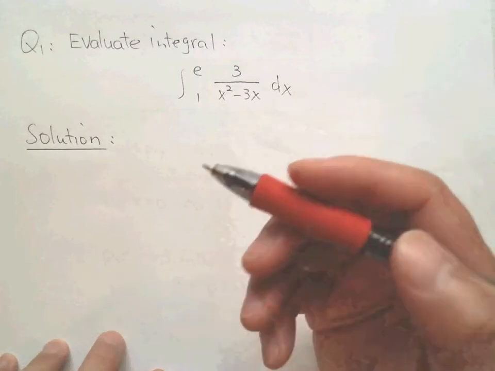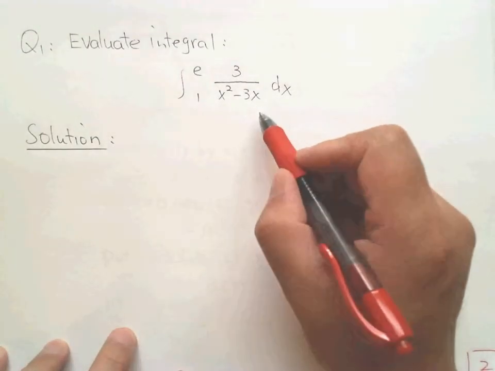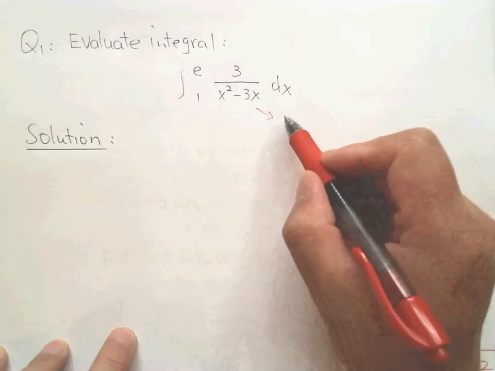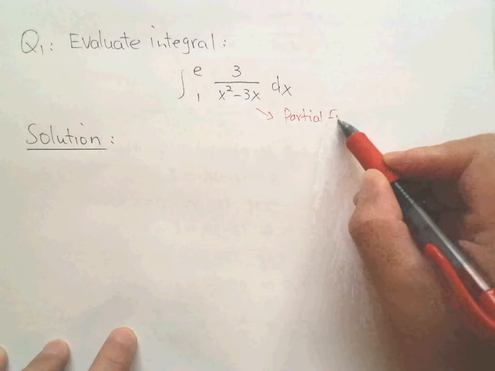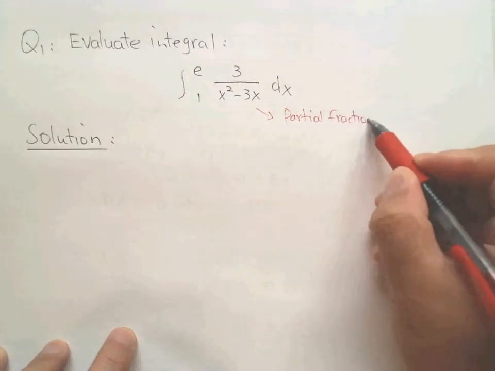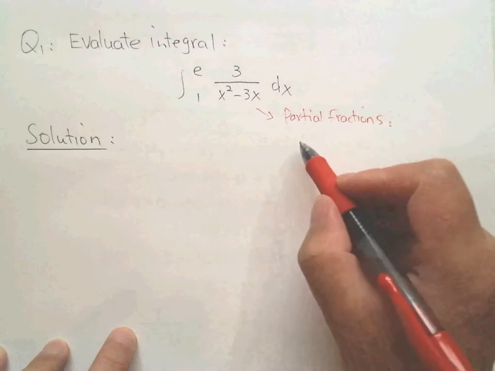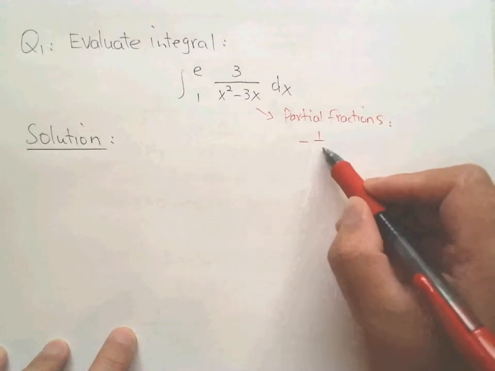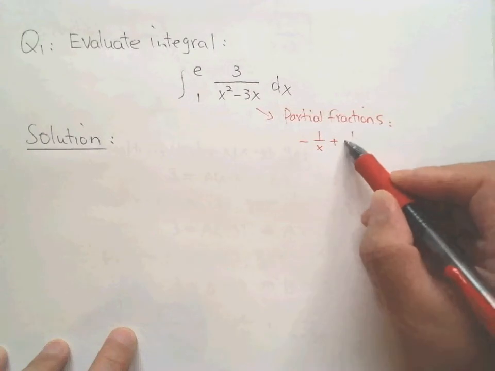So the integral, if I break it down or decompose into partial fractions, what are the partial fractions? The first is negative 1 over x. The second is 1 over x minus 3.